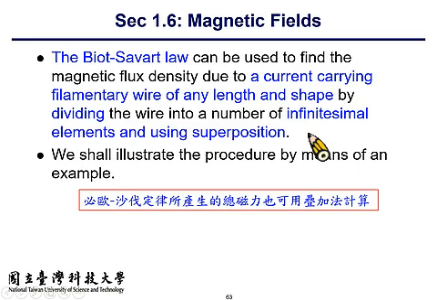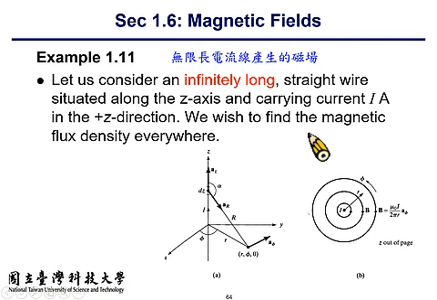Next will be some examples for demonstration of this idea. Example 1.11, considering that there is an infinitely long current line. Unlike example 1.6, which is an infinitely long charge line, this is actually a current line.